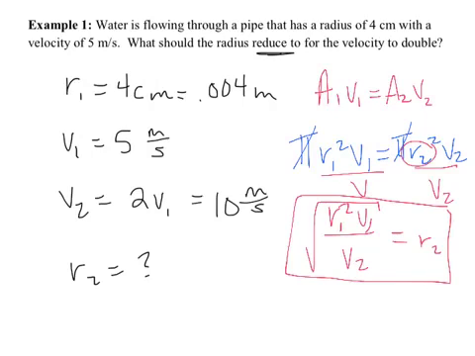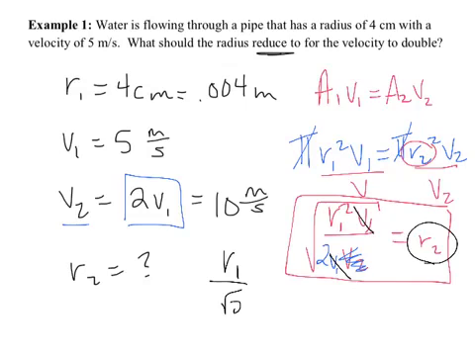Now what we can do is we can plug in our numbers, or we can also notice the following. If I realize that V2 is just double V1, I can replace this with double V1. And then what happens is the V1s cancel, which tells us that the second radius is simply the square root of r1 squared over 2, or just r1 over root 2.